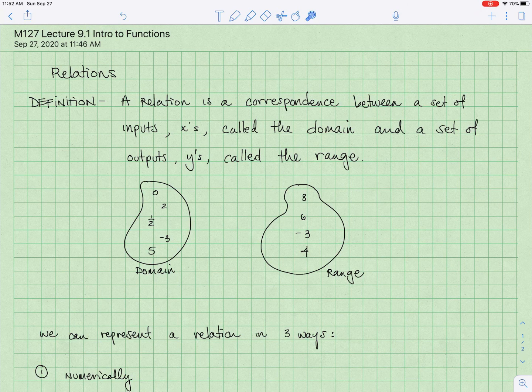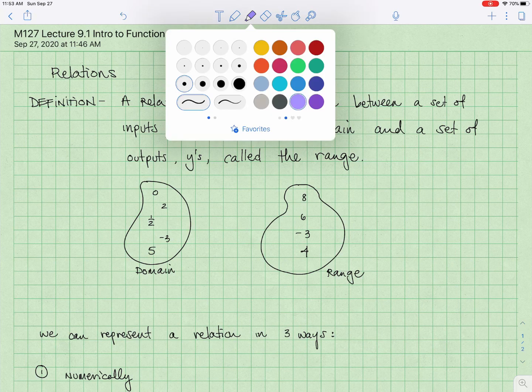And so below here what I have is usually what's called a kidney bean blob diagram. On the left I have a kidney bean shape, on the right I have a blob, and I have a collection of numbers. They could be more complicated or less complicated than the collection of numbers I have, but what we're going to do is make a correspondence between these sets. We're going to make a relation. How we do that is pretty straightforward.